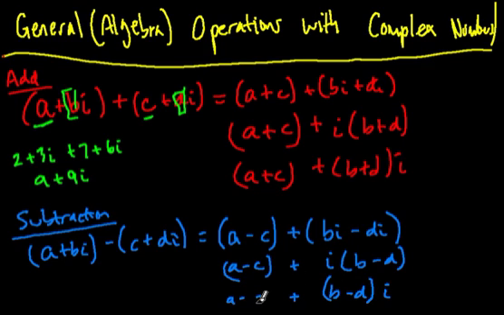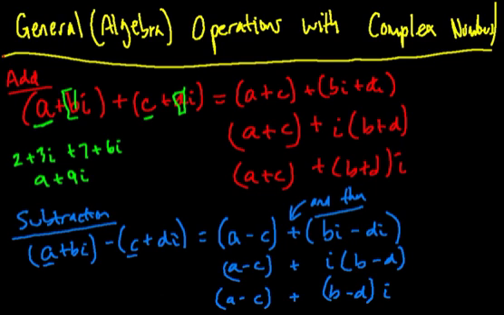Or b minus d i, plus a minus c. I think the one confusing part here might be, well, why are we adding this? Well, we're subtracting a minus c, and then, that might help you think of it, we're subtracting di from bi. So, and then implies addition, and that's exactly what's happening here.